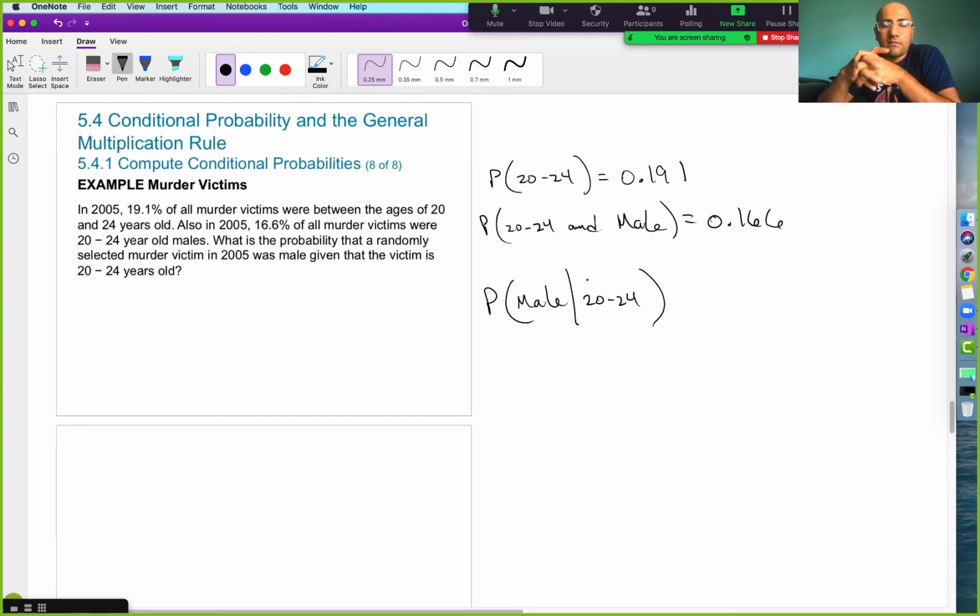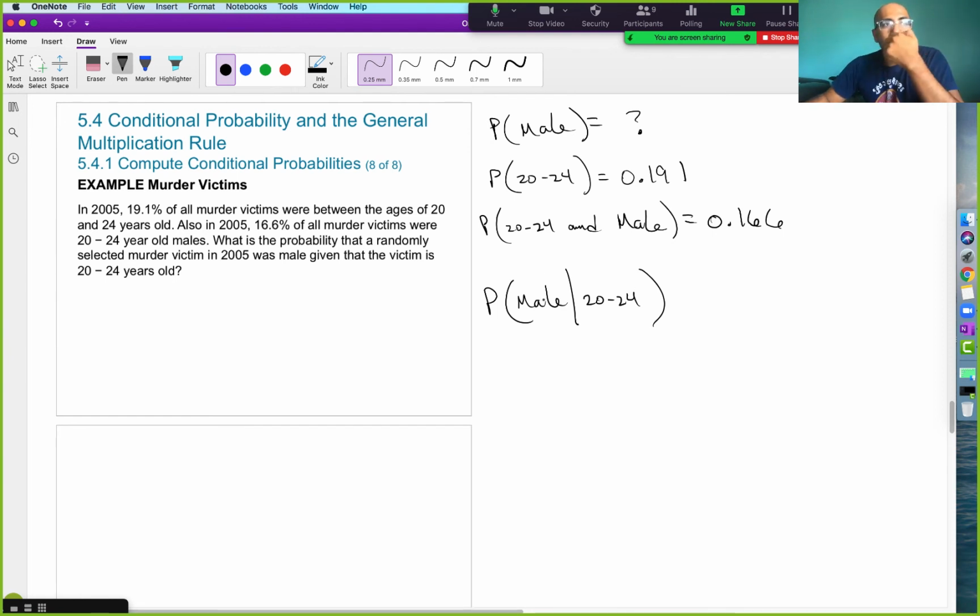If you're listening to a police scanner and the police announce that they have found a murder victim, you think to yourself, what's the probability that this victim is male? This exercise did not tell us that answer, so we don't know.